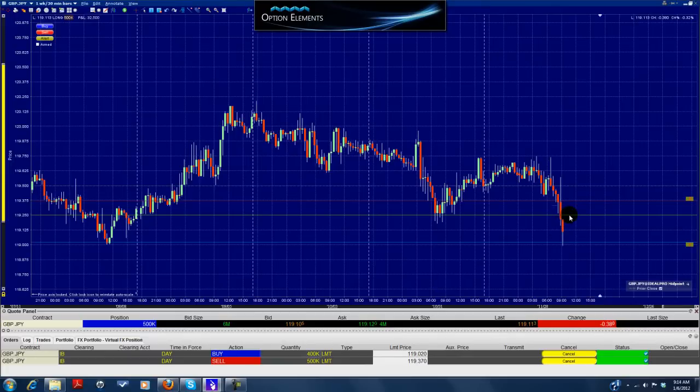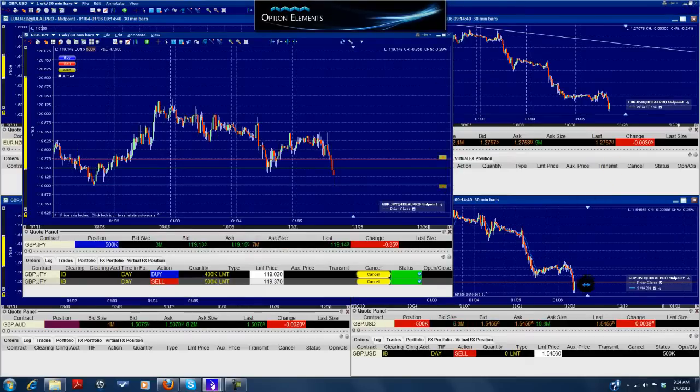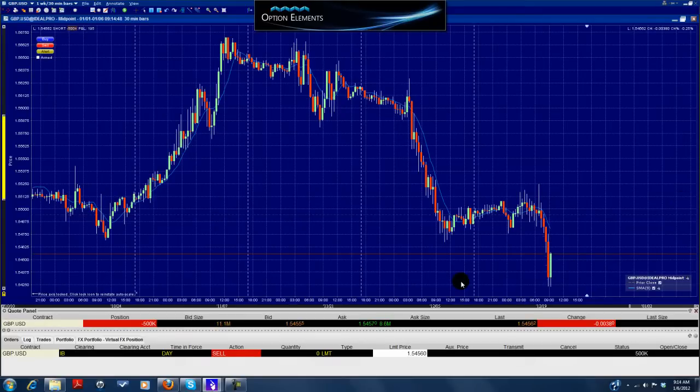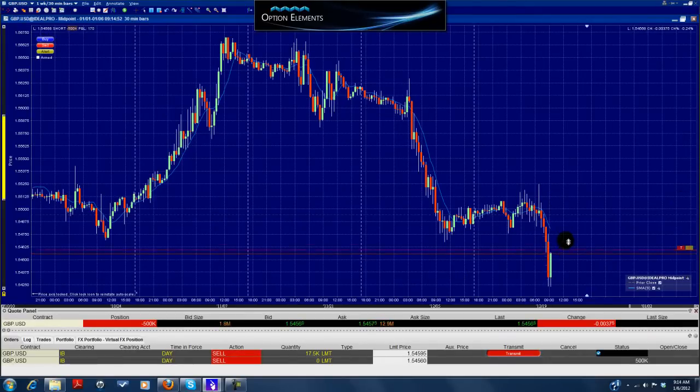Our break even on this trade is right here, the green line. Looks like we just sold our 500. Sure enough, on the pound. Alrighty. Second tranche will be right there.